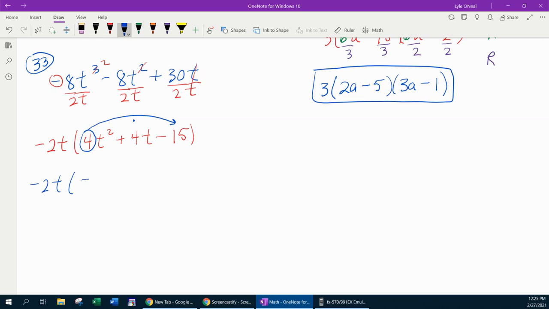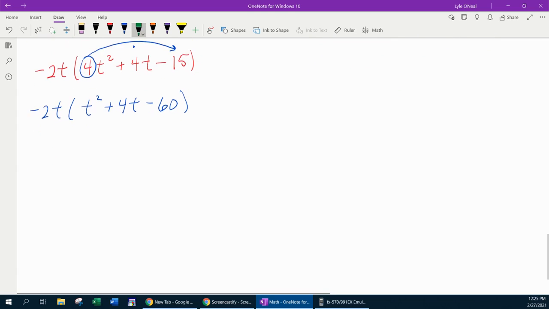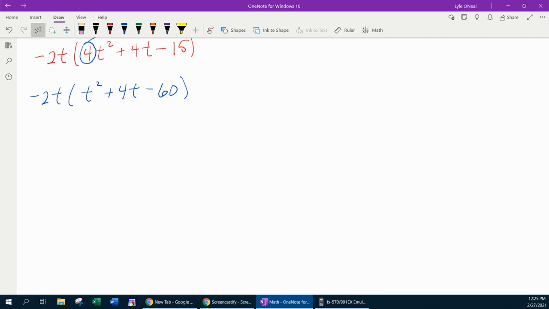We're going to remove the 4, which is going to give us t squared plus 4t minus, now what is 4 times 15? That is 60. And then we're going to factor the standard trinomial that's left in the parentheses. So the negative 2t comes down. We're going to have parentheses, read the signs, and fill in the blanks.